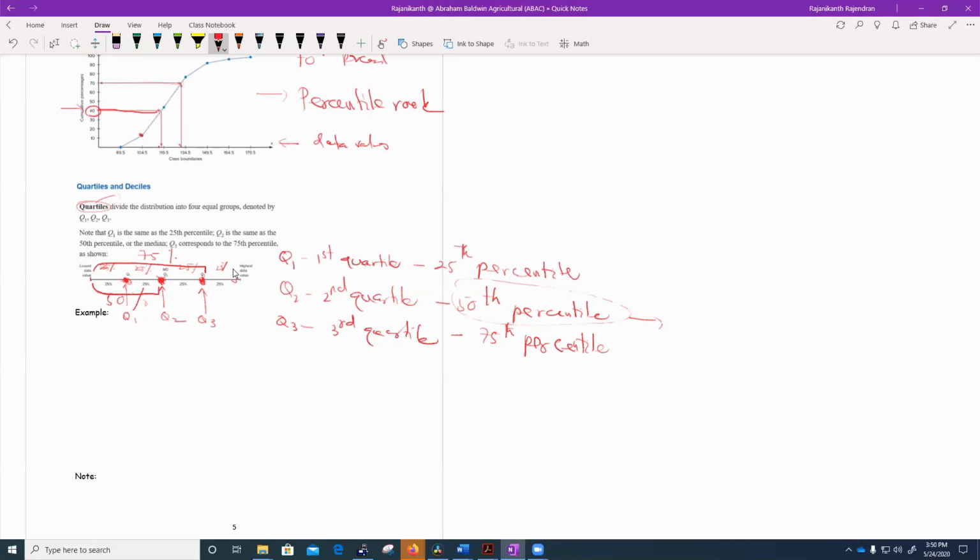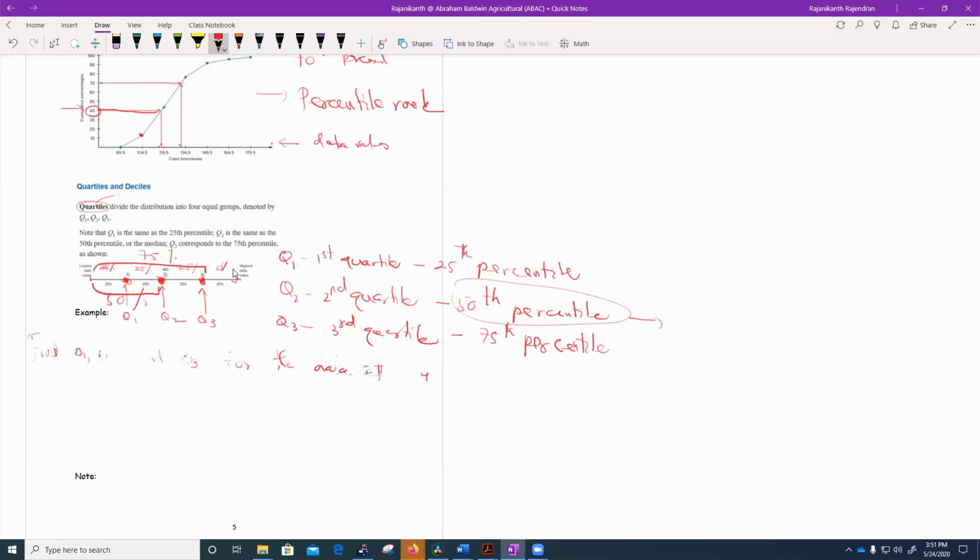Okay, so let's look at some examples for finding quartiles. Let's take the same data set and find Q1, the first quartile, Q2, the second quartile, and Q3, the third quartile, for the data set given above.